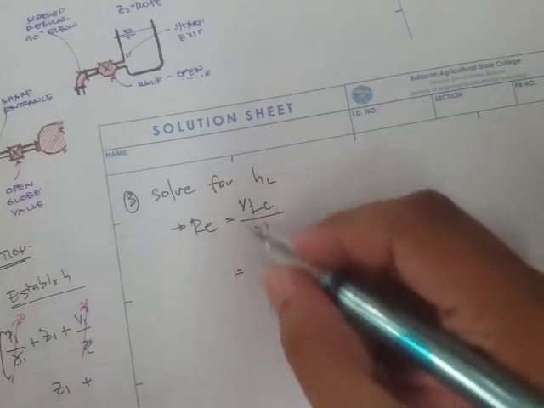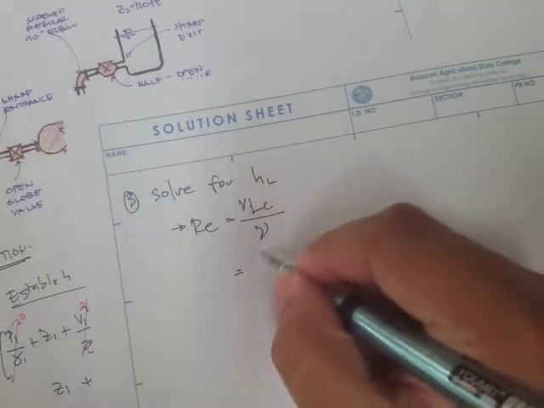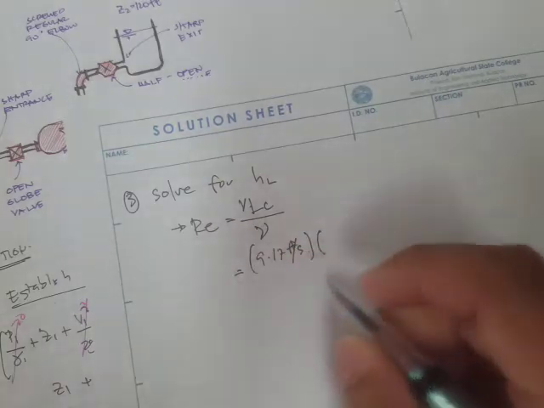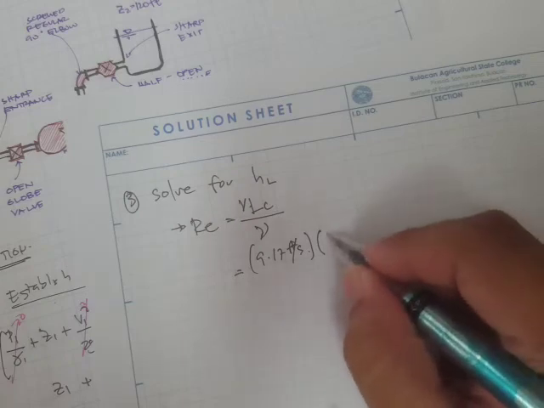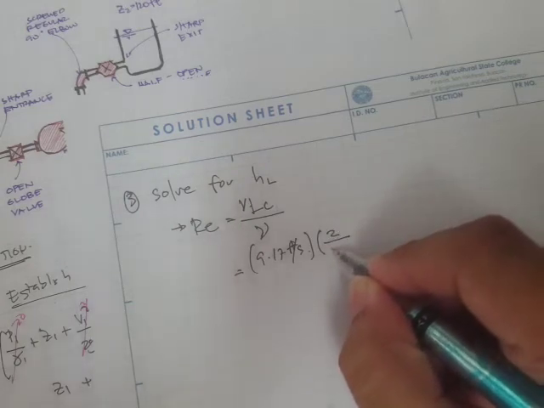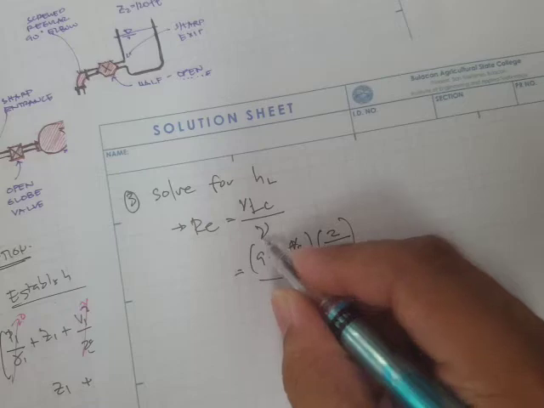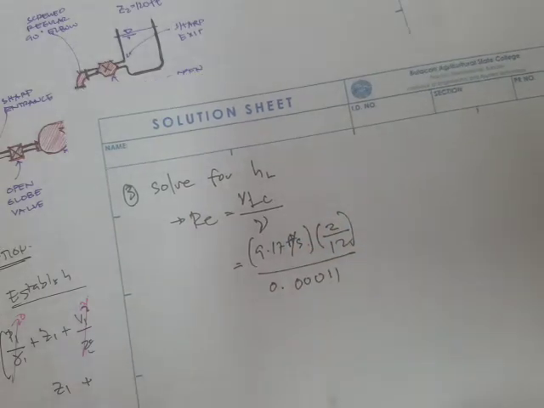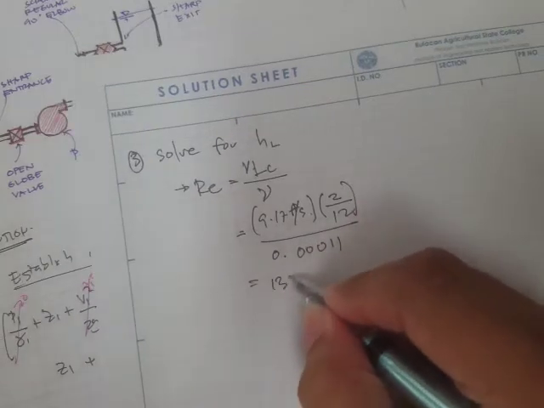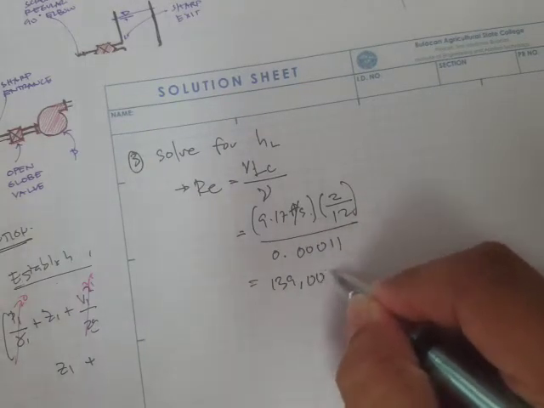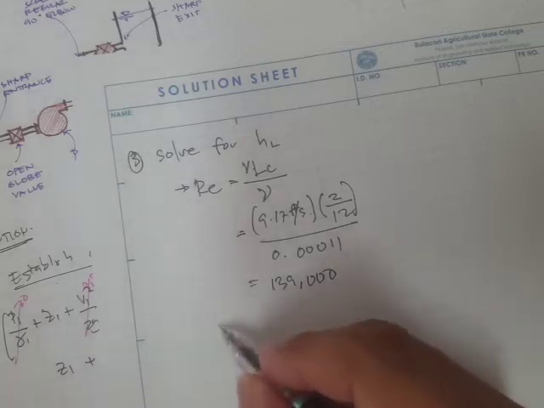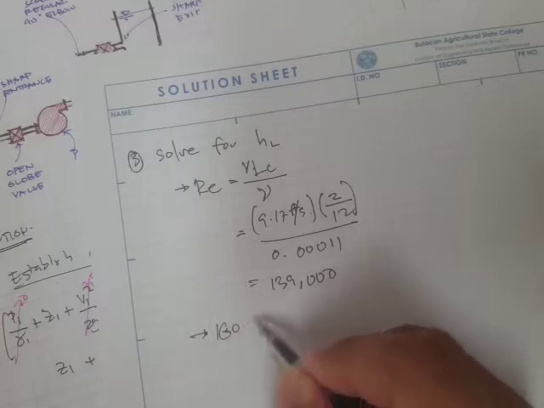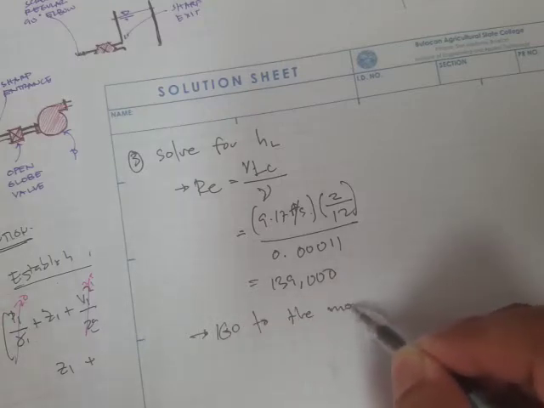Okay, and this one, the velocity is 9.17 feet per second, times the characteristic length of 2 all over 12, divided by this, which can be obtained from the tables, 0.0011, and we have a value of 139,000.